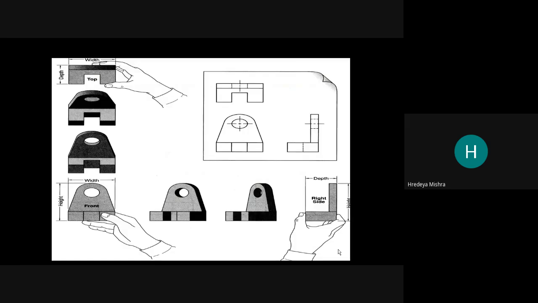Here this is our 3D view. From the 3D view we can observe the top view. This is our top view, from here the front view, and from here the right hand side view. All these things we can draw in the drawing.